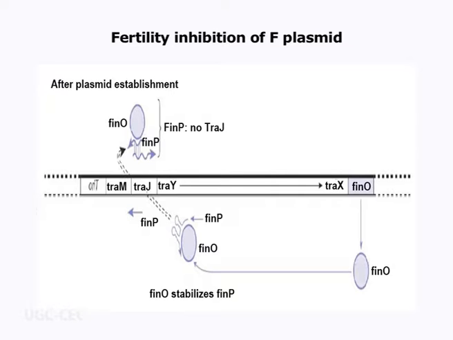After that, FinO will come and prevent the further synthesis of TraJ. So this is how the Tra operons are regulated, and the genes responsible for the conjugation process are synthesized only for a very short period of time, just to get diversity in their genomes. On the other hand, they are restricting continuous synthesis to protect themselves against infection by male-specific bacteriophages.